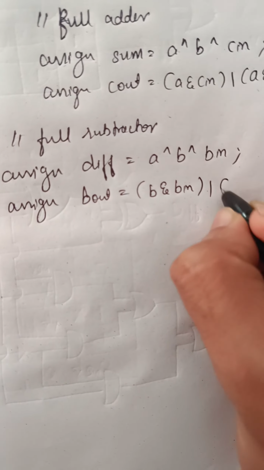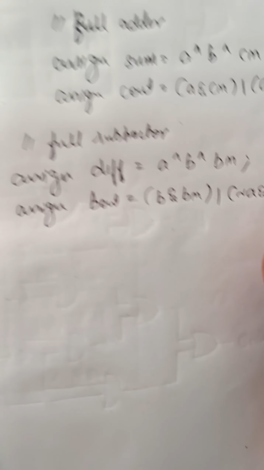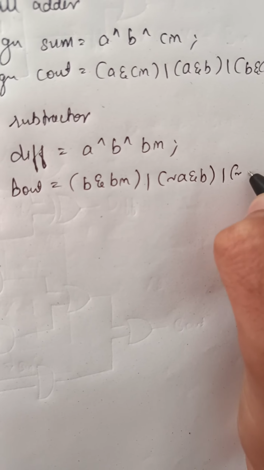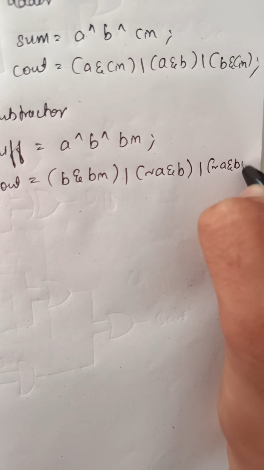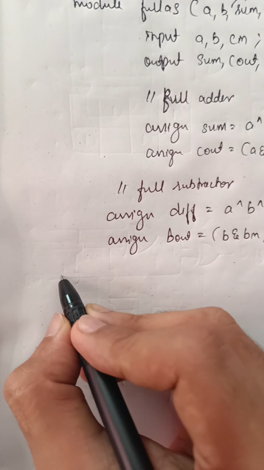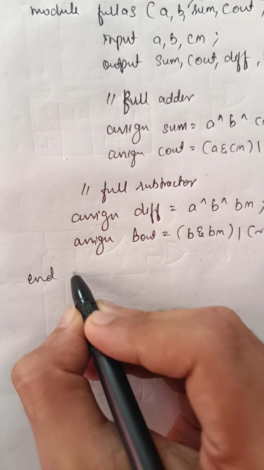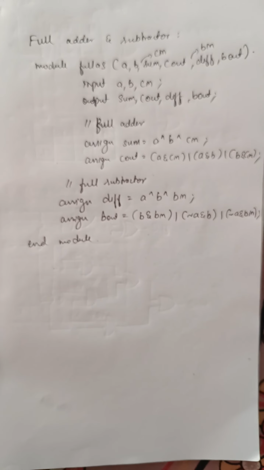That we have to write here. First A bar B, that is A bar B or A bar B in, and B and B in. That's it. Then we have to end the module. End module. That's it.